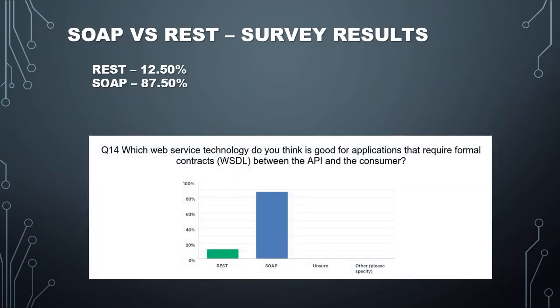Which web service technology do you think is good for applications that require formal contracts, the WSDLs that we talked about a little bit earlier between the API and the consumer? Here, everybody chose SOAP because SOAP uses a WSDL.